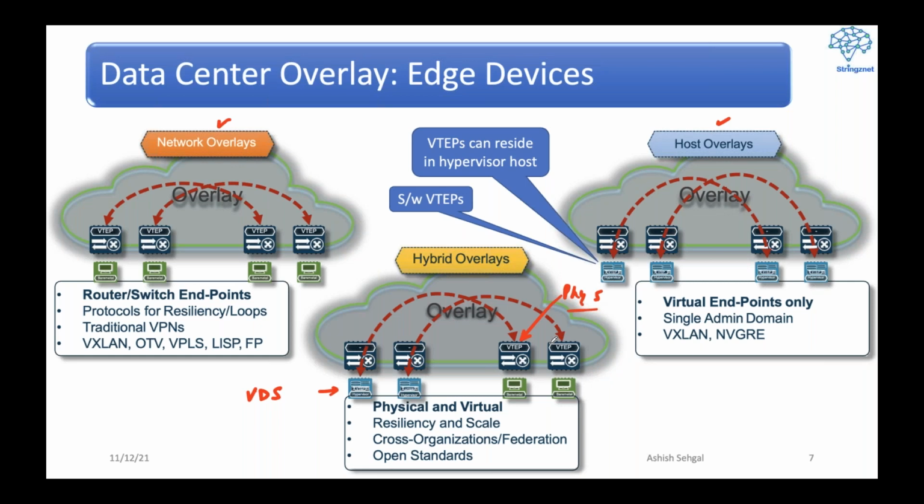So when you have both the VTAPs, one on the physical switch, one on a virtual switch configured, and they are creating overlay, then that overlay is known as hybrid overlay. Overlay is nothing but a tunnel.